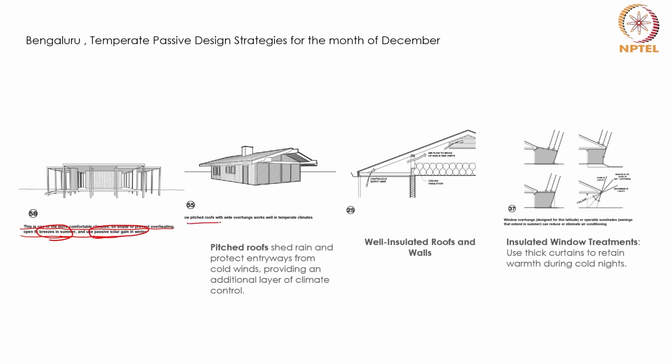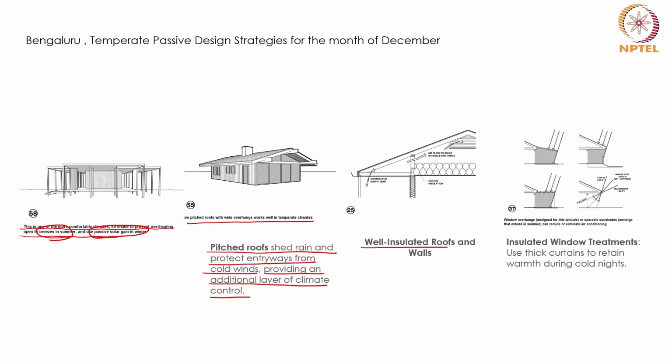Pitched roofs with wide overhangs will work very well in this climate because pitched roofs will shed rain and protect entryways from cold winds, providing an additional layer of climate control.